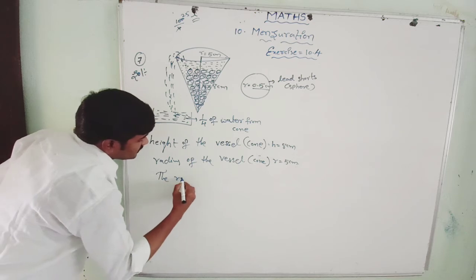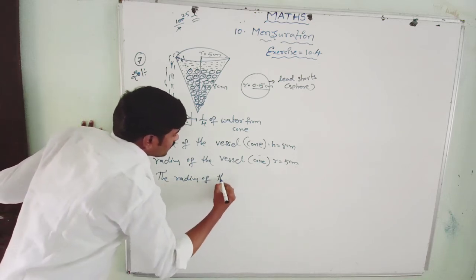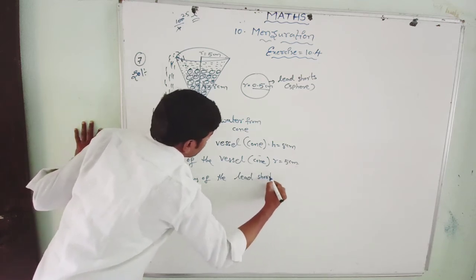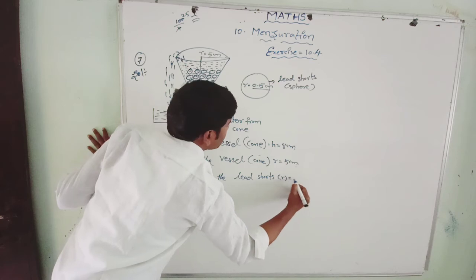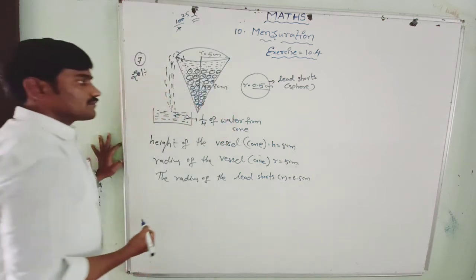The radius of the lead shots is equal to 0.5 centimeters.